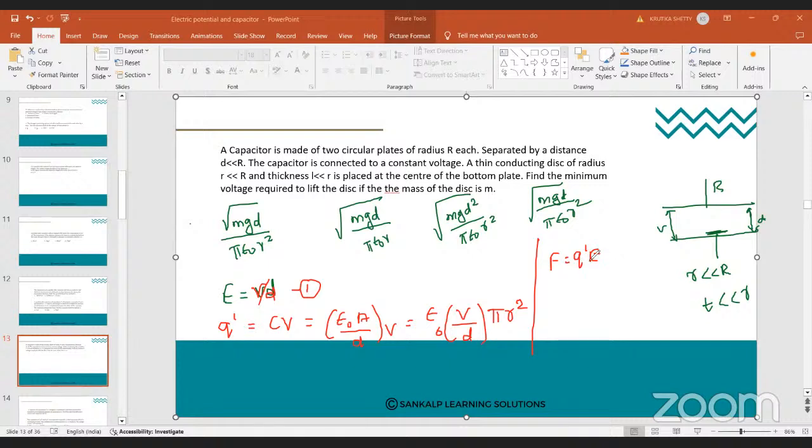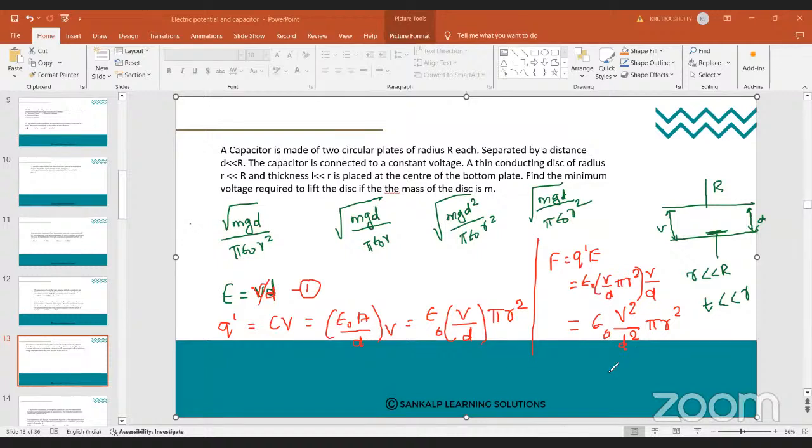So therefore F is equal to q dash into E. The q dash is epsilon naught V divided by D into pi r square, and this electric field is V divided by D. So on simplifying, we get epsilon naught V square divided by D square pi r square. This is force.